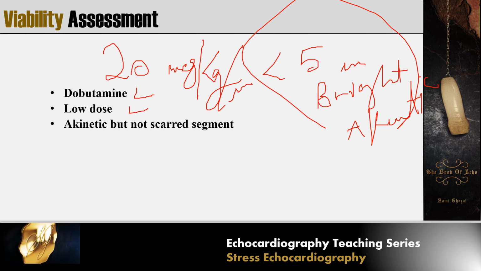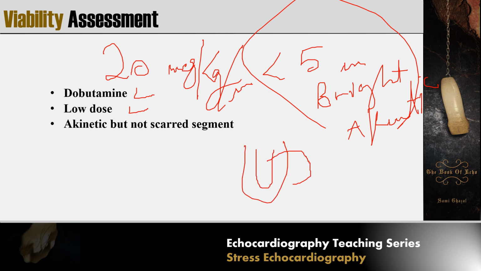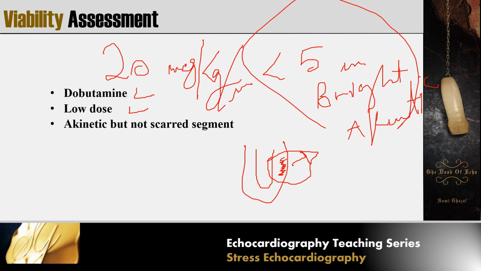Now, compared to the nuclear modality, echocardiography is more specific but less sensitive, as it requires more than 50% of the myocardium to be viable. So if this is the heart, and you are concerned about that segment, for example, more than 50% of the myocardium here has to be viable to see an effect with dobutamine. Less than that, you might miss viability, but you can detect it with nuclear medicine.